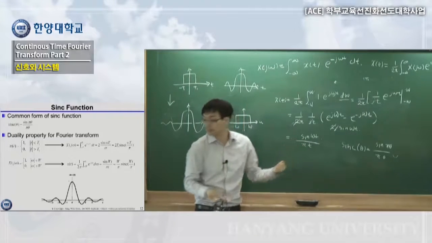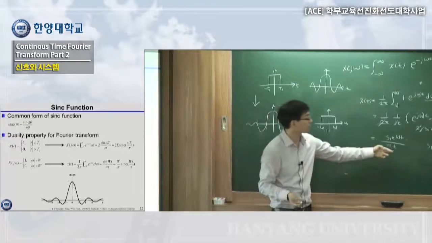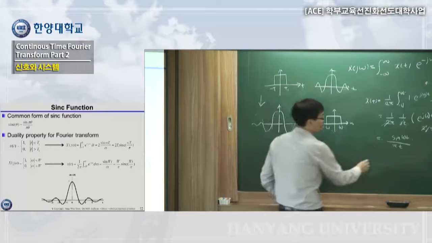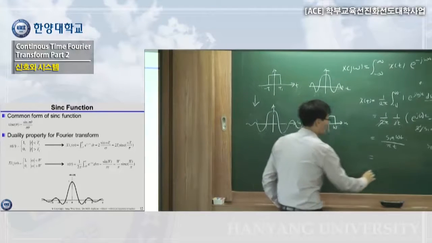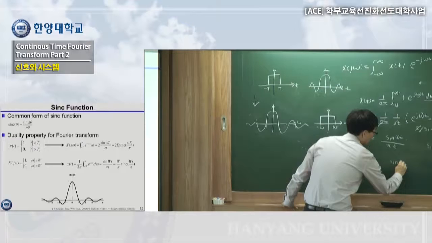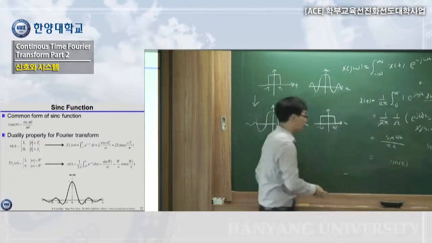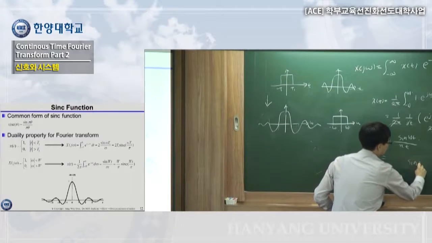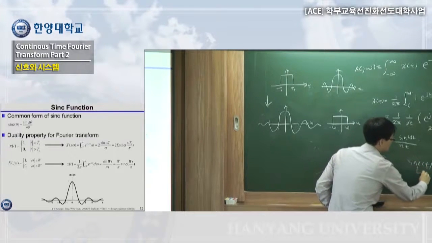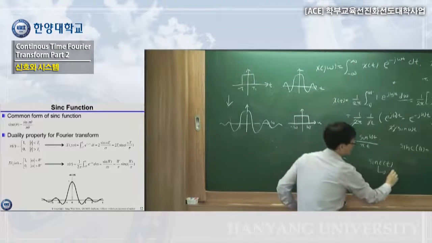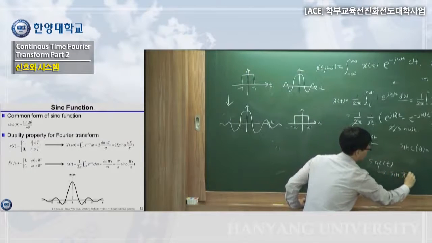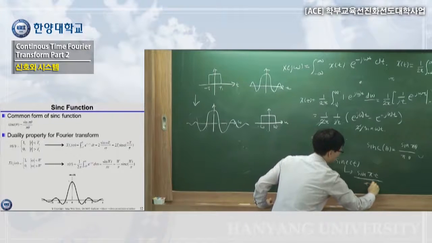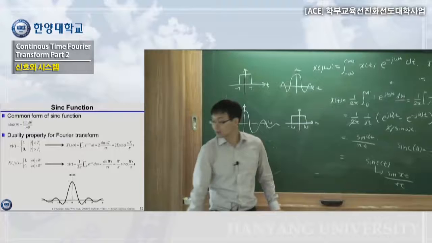If you want to have a zinc function like that, you will have zinc T, which is given as, from here, sine pi T divided by pi T. You can do that.